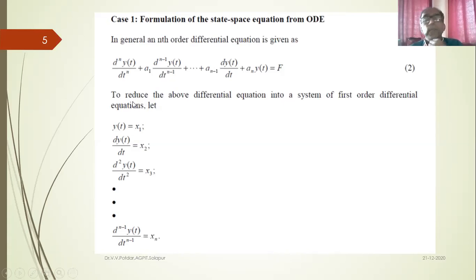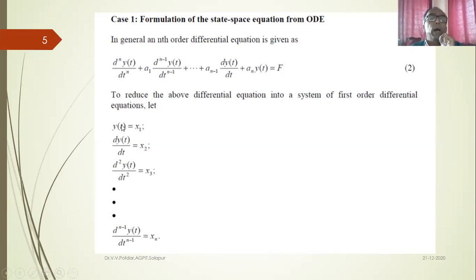To reduce, please be attentive, to reduce the above differential equation into a system of first order differential equations, let y(t) be x1. Please be attentive, y(t) is x1, so dy by dt is x2, and d2y by dt square is x3.